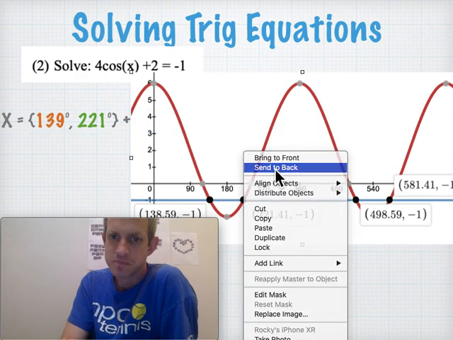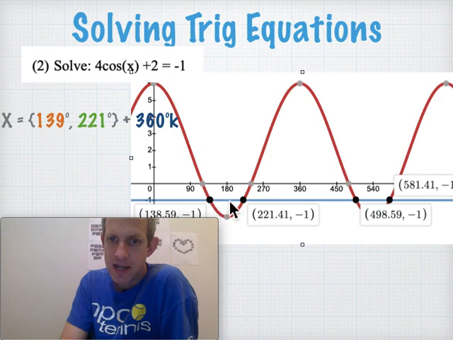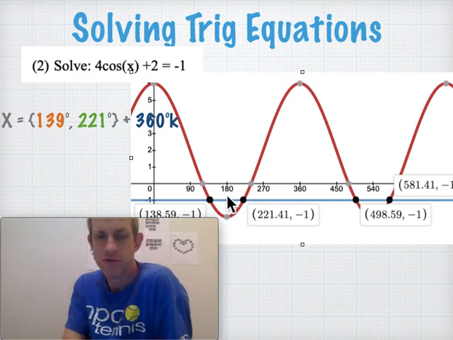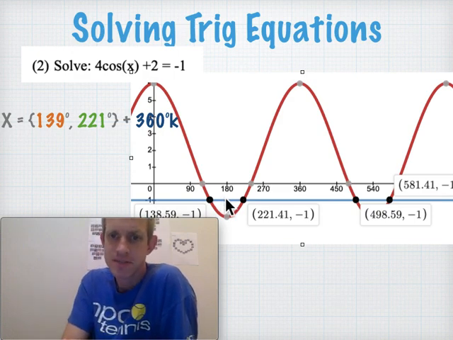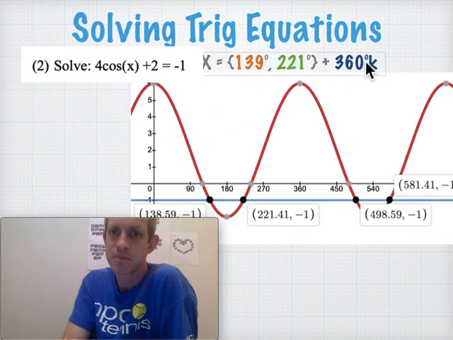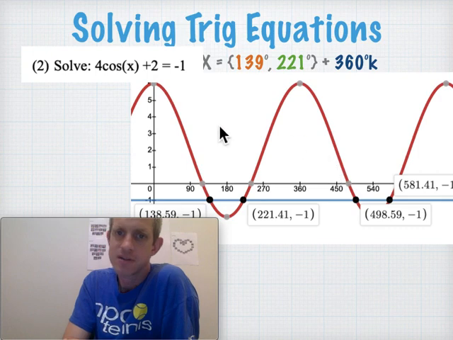And the next answers here and here look like they're kind of the same shape. They're just further on down the line, specifically 360 degrees further on down the line. That's where this plus 360k comes from. There's more about graphing to solve equations in the next video, but I just wanted you to see that for a moment.